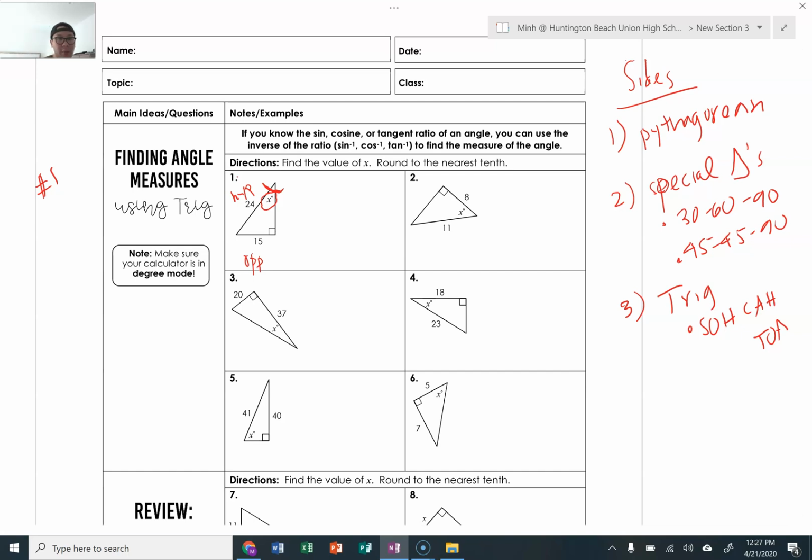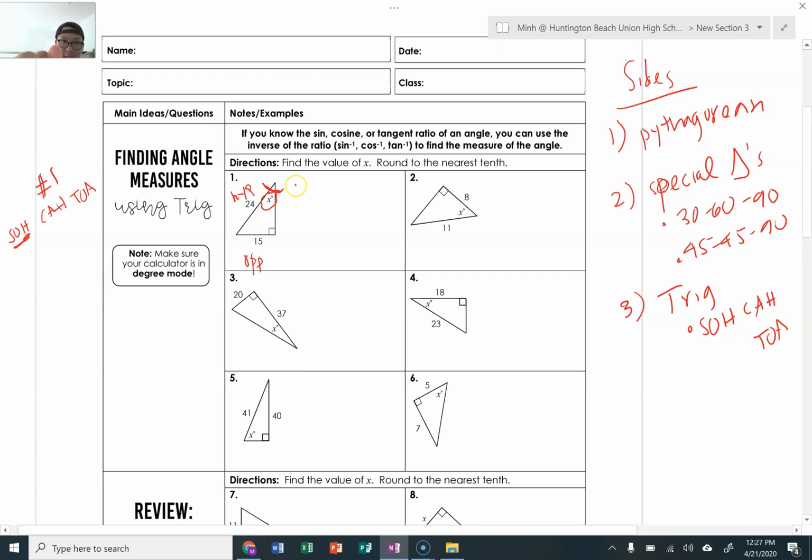What we learned in the previous lesson was to use our acronym SOHCAHTOA to deduce which trigonometric ratio to use. Since I have my opposite and my hypotenuse, I'm going to use SOH, and the S stands for sine. So we're going to use sine to solve for the missing angle.